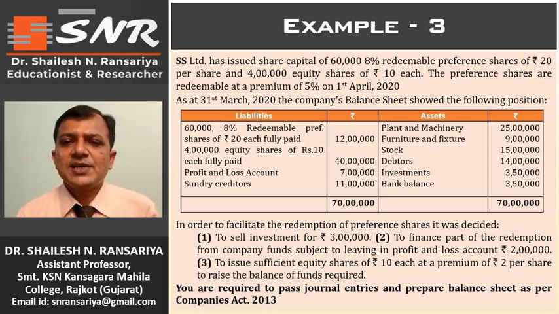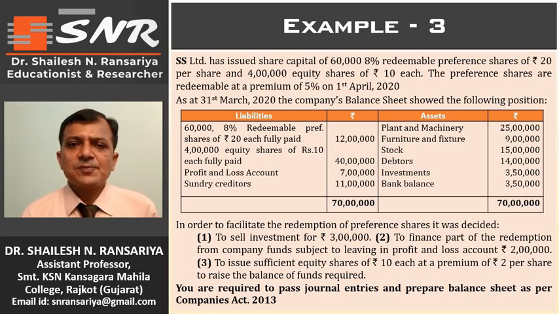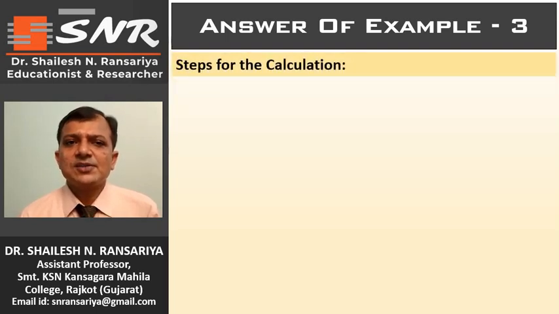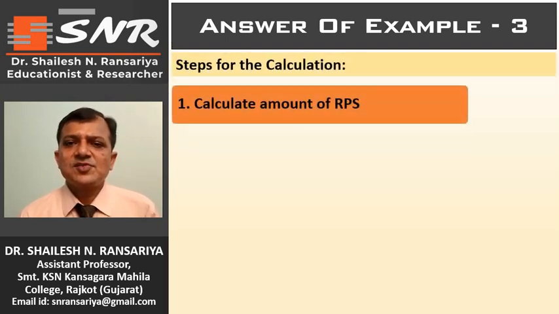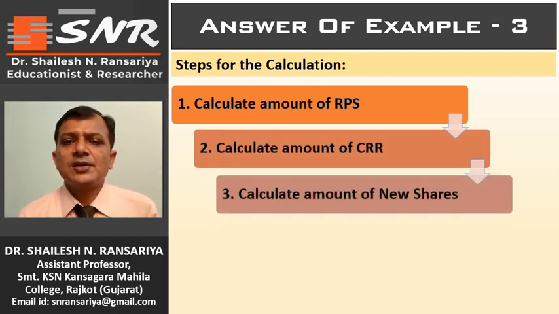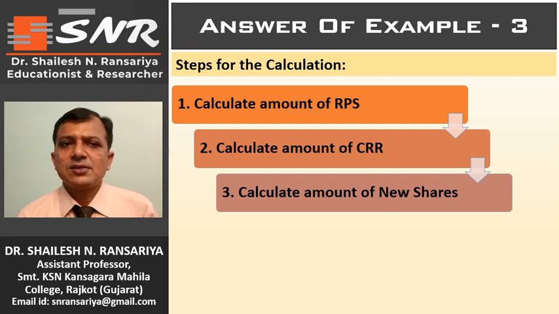So first we will calculate required calculations and steps for the calculation of example of RPS. In this example, the steps are: first, calculate amount of RPS. Number 2, calculate amount of CRR. Calculate amount of new shares.